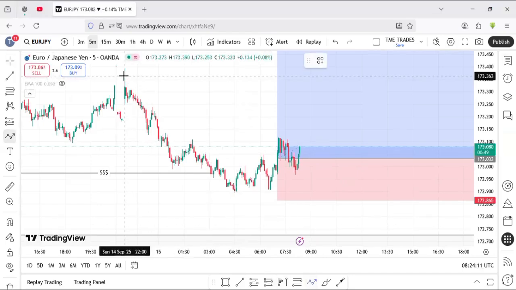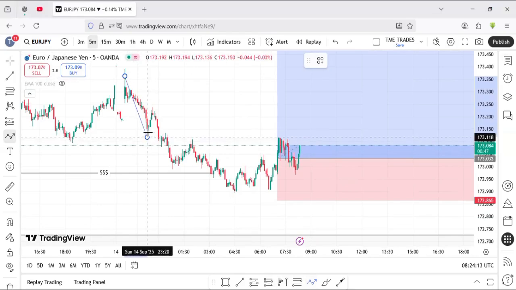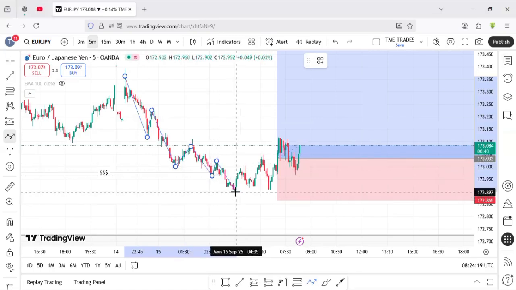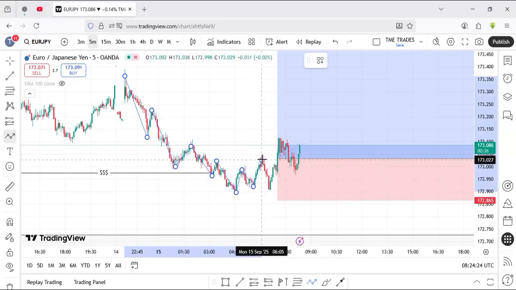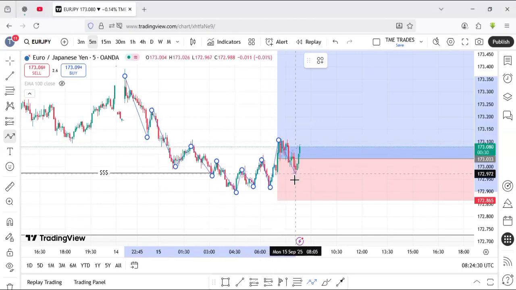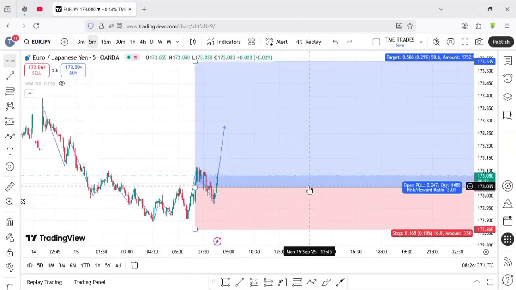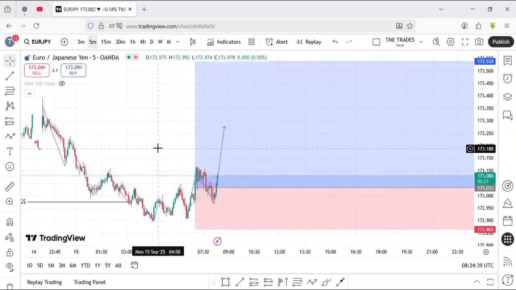As you can see, we have a market that was creating a series of lower lows and lower highs, now creating higher highs and higher lows, right? After we saw this, we took our trade, putting our stop loss here, waiting for this powerful 3-to-1 risk reward in this market on Monday morning.